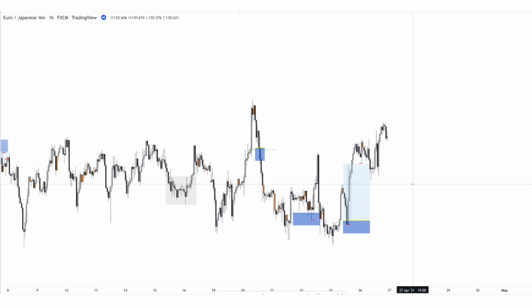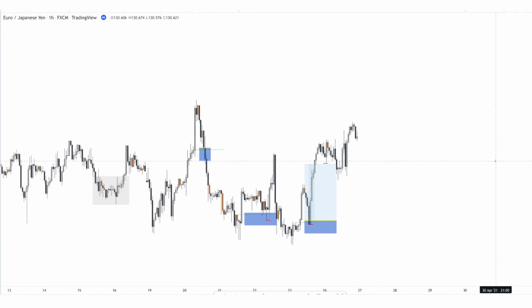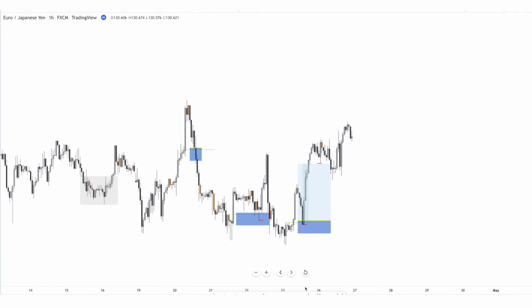Just having a look at price action, taking a step back, we're on the higher end of this mess. This was a really good breakout, fake out, whatever you want to call it.